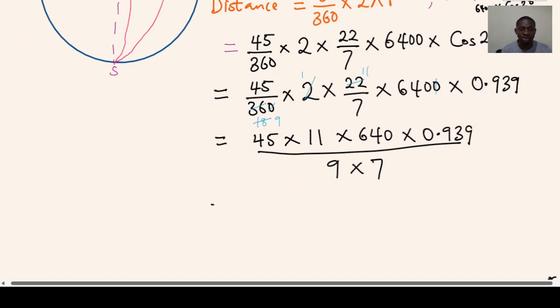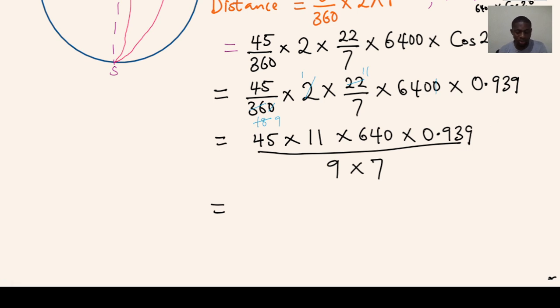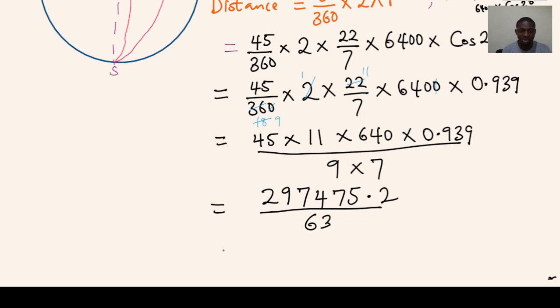Going further, we can multiply everything through with our calculator. If we multiply everything, 45 times 11 times 640 times 0.939, that gives us 297,475.2 using our calculator, divided by 9 times 7, which is 63.